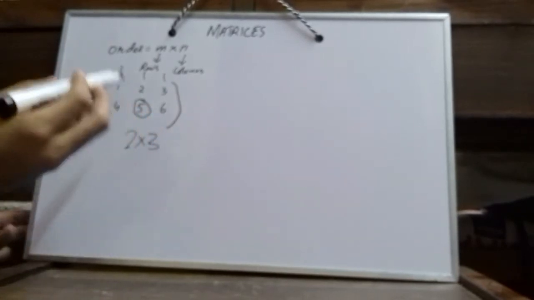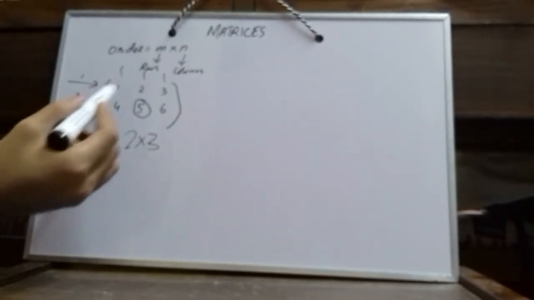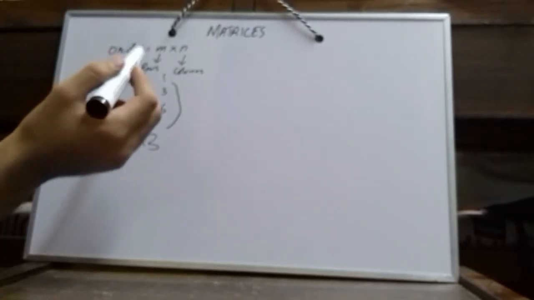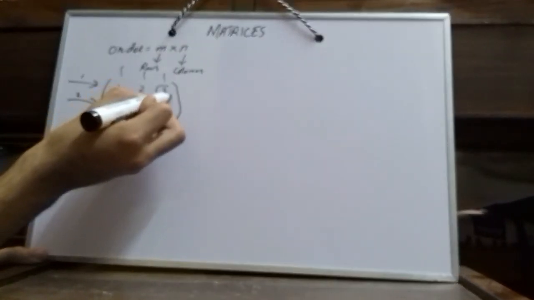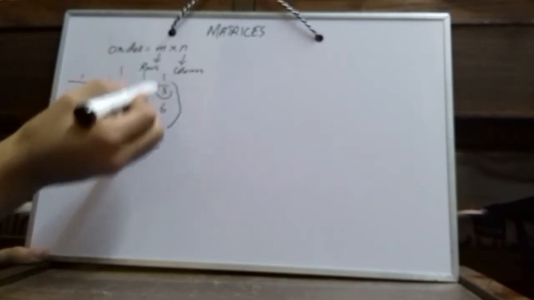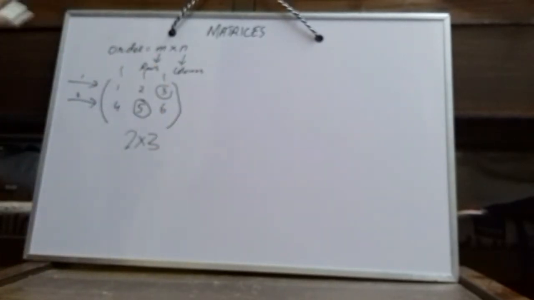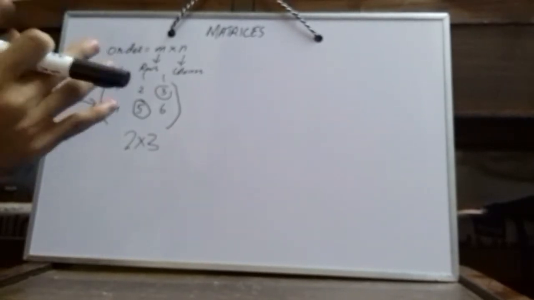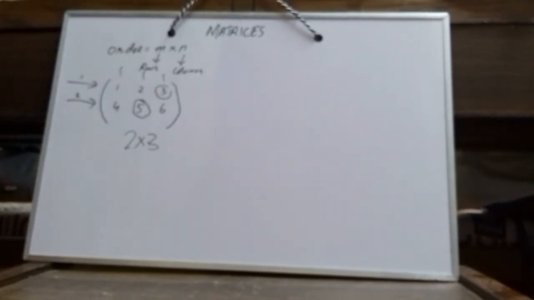The number 5 is present in the second row and the second column. Like we see the number 3, it's present in the first row, third column. So you can figure out which element is present in what position in a particular matrix. So that's just the basics of what matrices are.